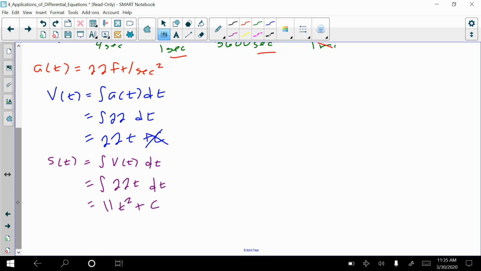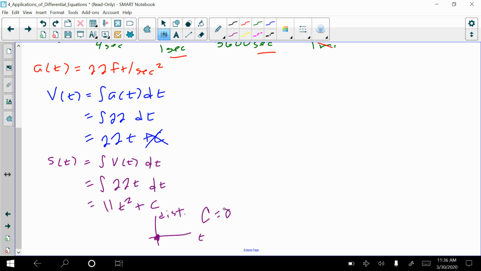That's just at 0, because if you look at it in terms of a graph, wherever you start at 0 in terms of time, and here we have distance, because we're starting at time 0, my value for c in this case is just going to be 0.